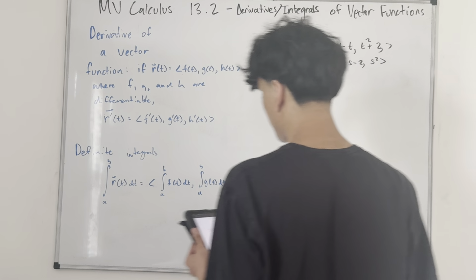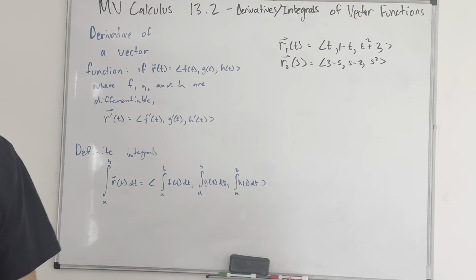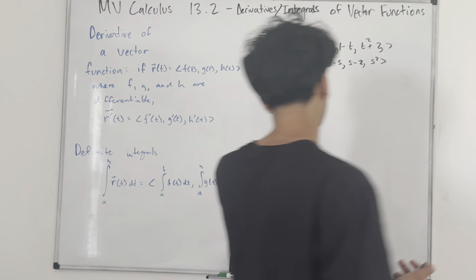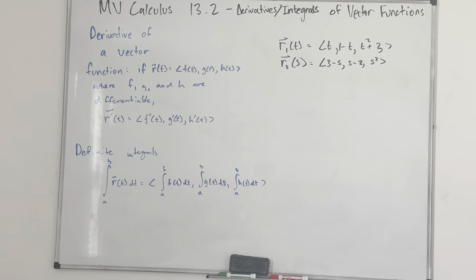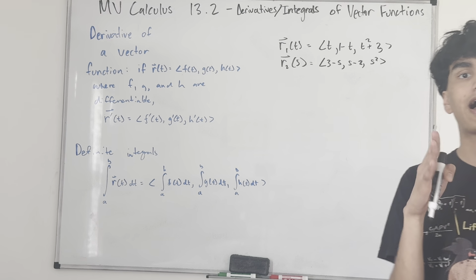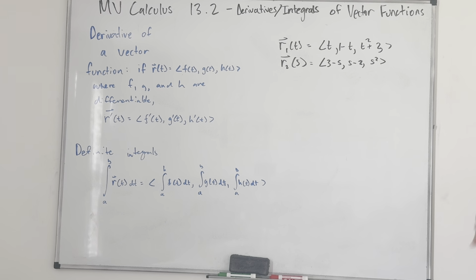We're going to ask, at what point do the curves intersect, and then what is the angle made by the curves at the point of intersection? That's a question we're going to try to answer about these two vector functions.